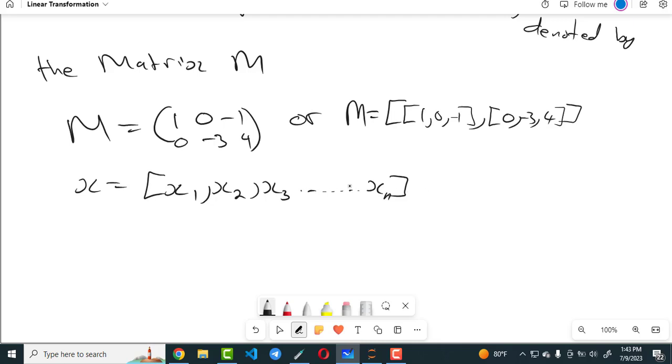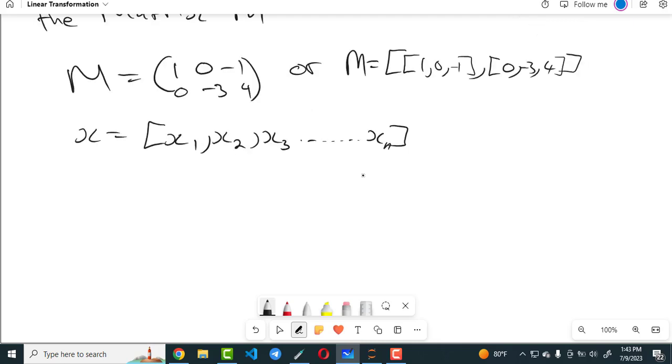The transformation output vector is y equals T of x, which is obtained by multiplying the input vector x with the transformation matrix that we are having. So since y is equal to T of x, we are just saying y is equal to, T represents our M here, so it's M times x.